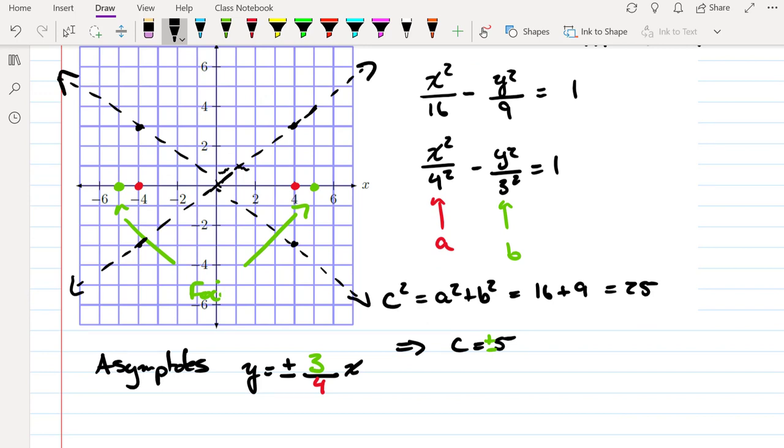And that gives us our asymptotes. So if we were to now graph this, we know it's going to come in on the asymptotes, go through our vertices, and then turn around and do this. Similarly, it's going to come around and do something like that. So that would be a graph of our hyperbola.